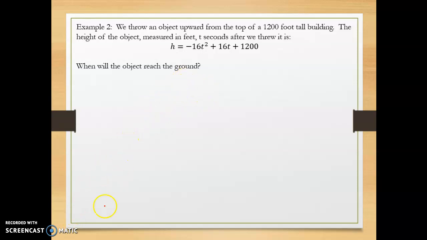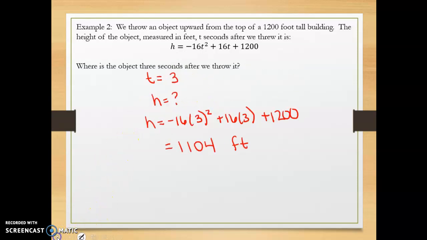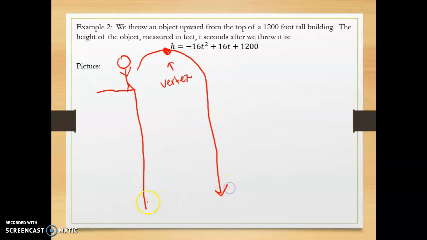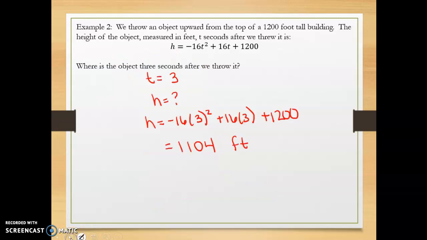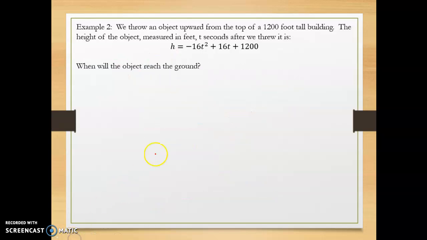When will the object reach the ground? So if we go back to our picture, when it reaches the ground, we know that our height is going to be 0. So I'm going to put in 0 for my height, and we are going to solve this using the quadratic formula.